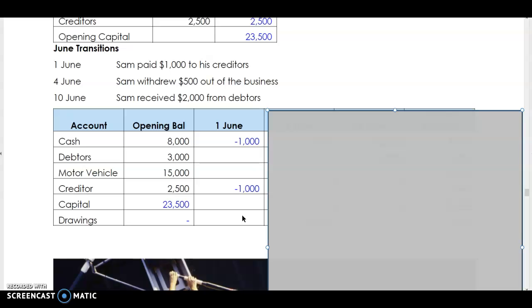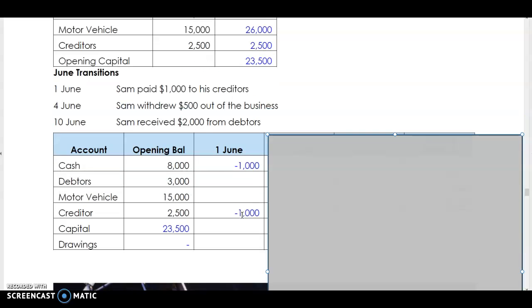And the other account that will be affected when Sam pays his creditors are the people he owes money to. They're a liability. When he pays his creditors, the balance of his creditors account, which is a liability account, will also decrease. So we can see here we have maintained the accounting equation. An asset has decreased and a liability account has also decreased.